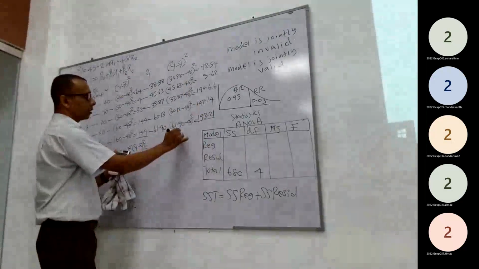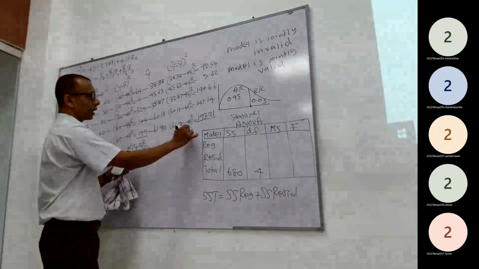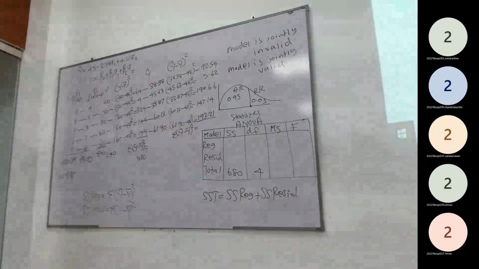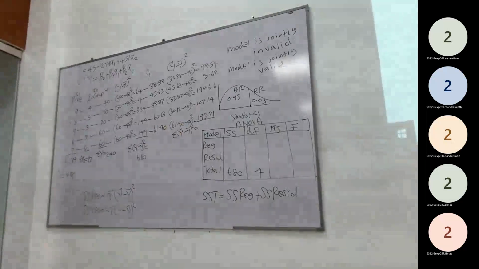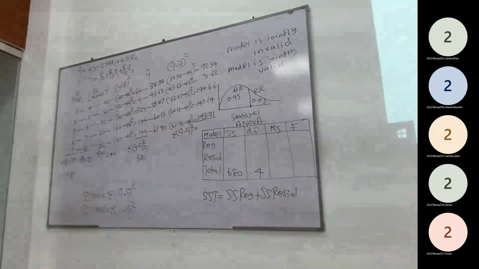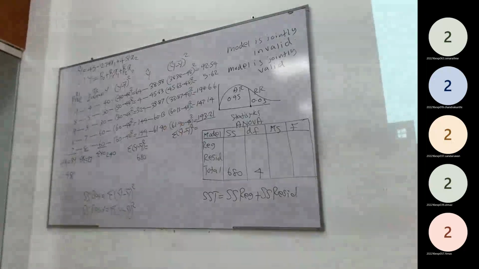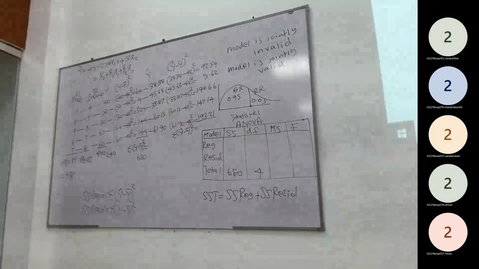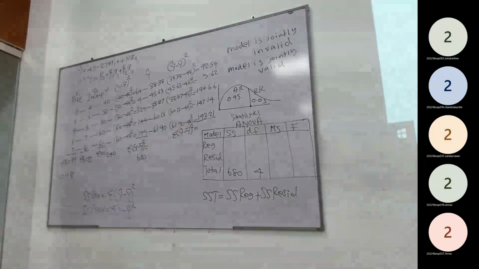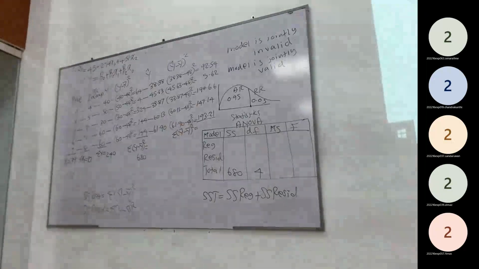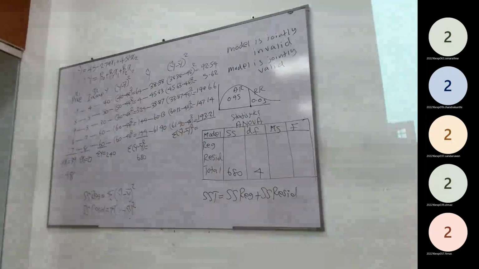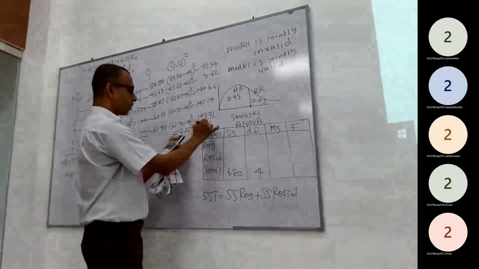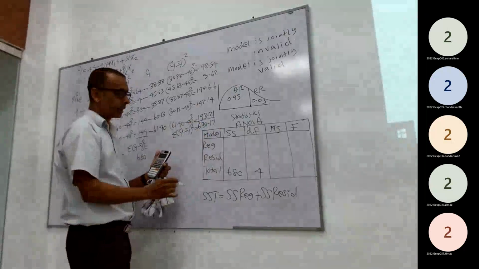That is sigma y hat minus y bar squared. But if you learn the theory part, the calculation is easy. 92.54 plus 5.62 plus 199.66 plus 147.14 plus 193.21 is 638.17.